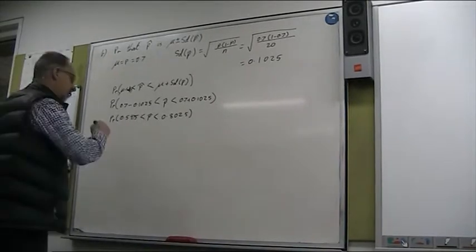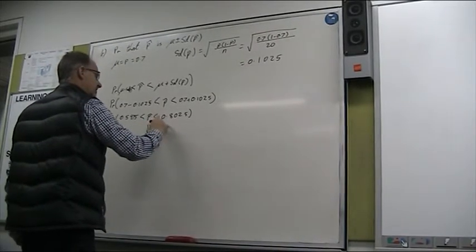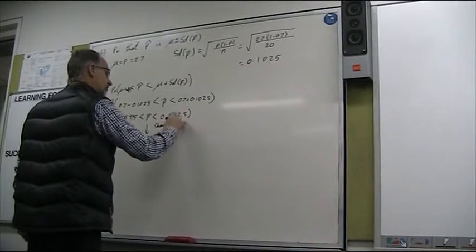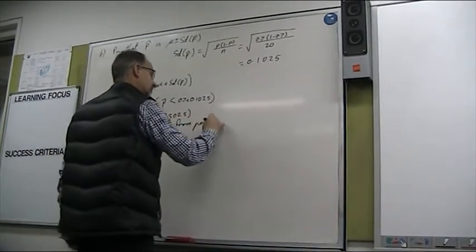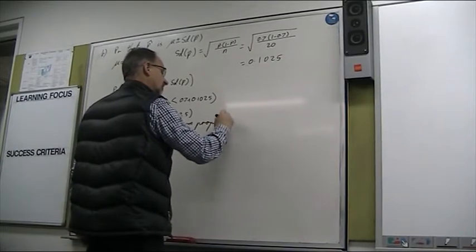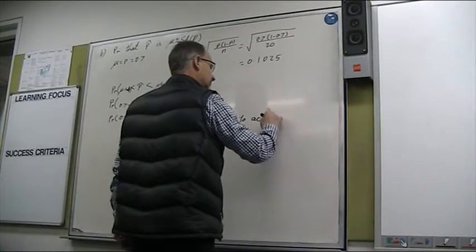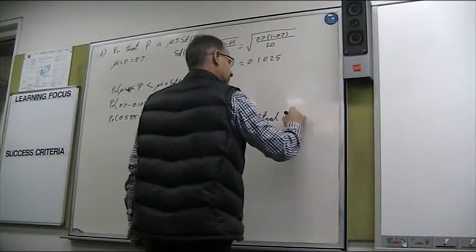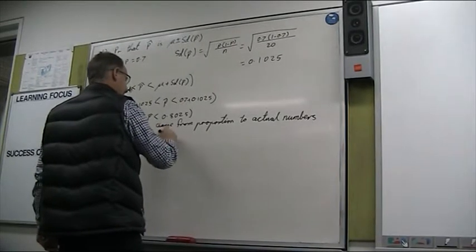So now we need to change from proportion to numbers, to actual numbers, in our population.